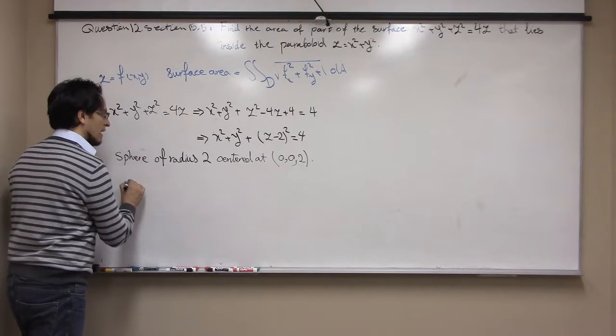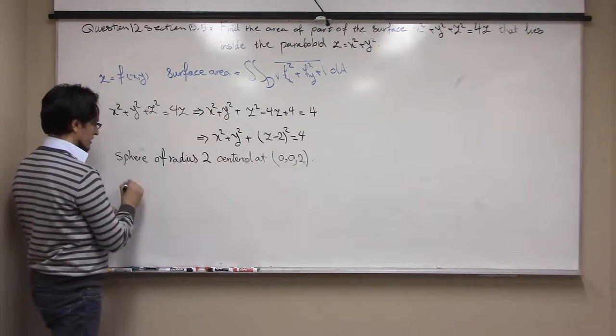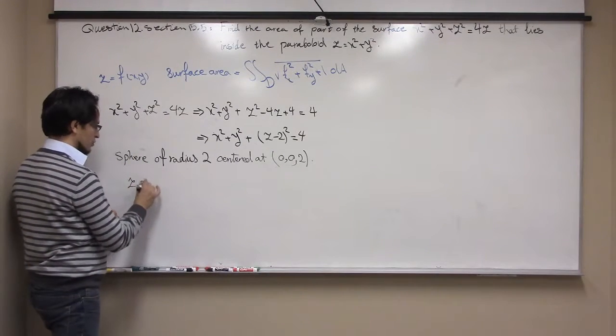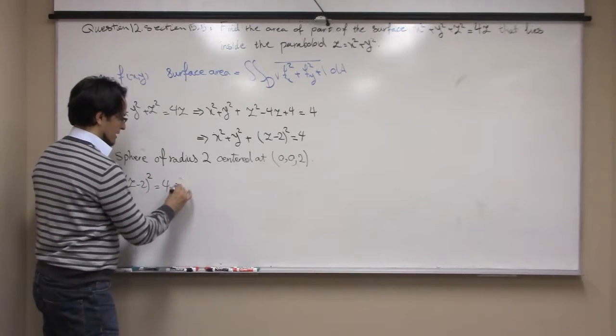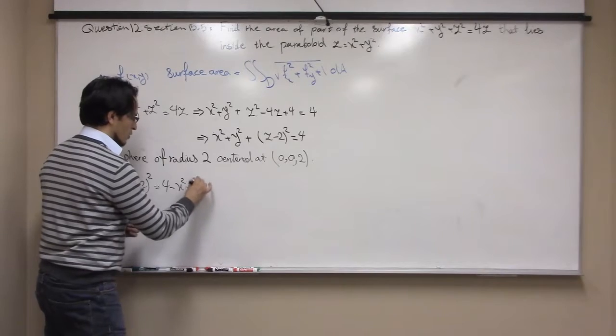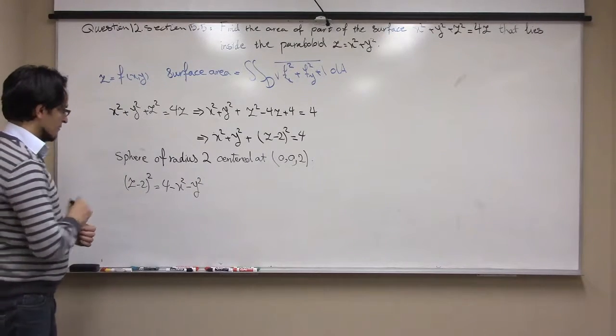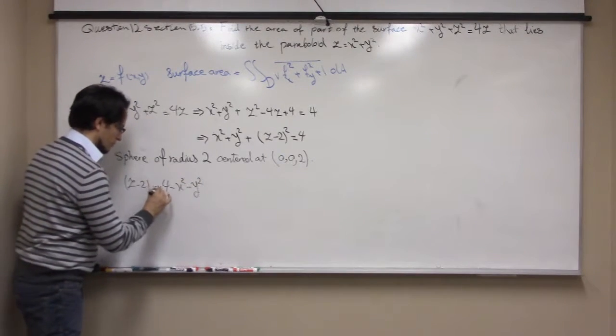So I can write this as z minus 2 squared equals 4 minus x squared minus y squared. Then take the square root of both sides.